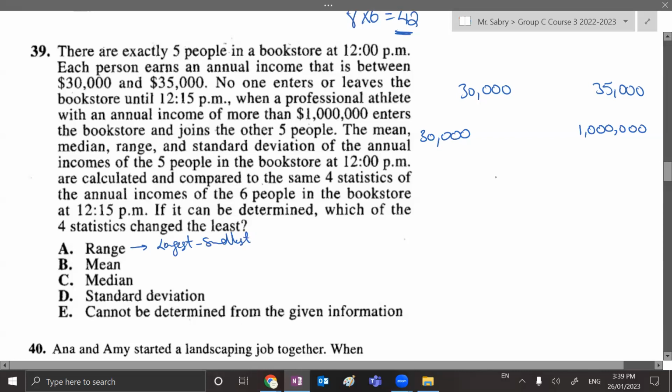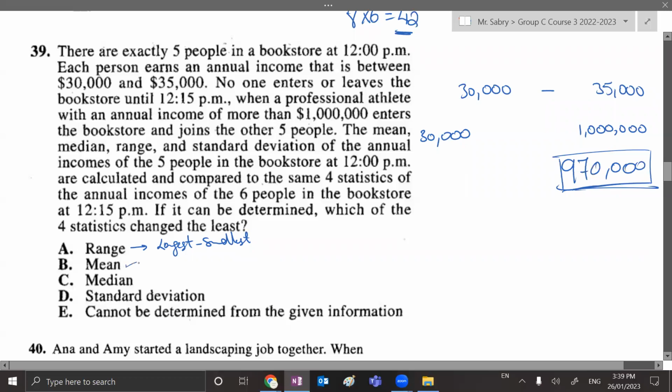At the beginning, there was only a difference of 5,000 between 35 and 30,000. Now the difference between those two is 970,000. That is the range. So the range has changed drastically.